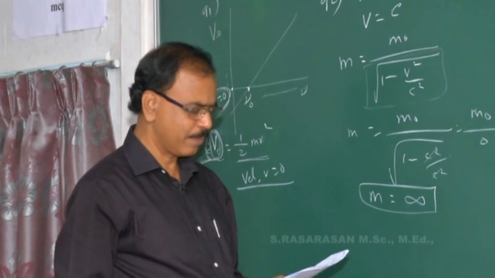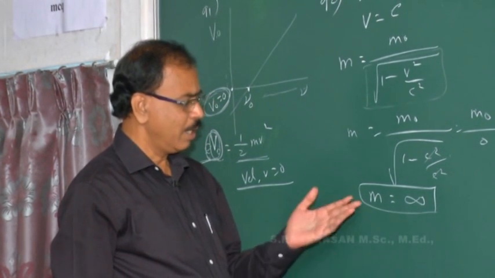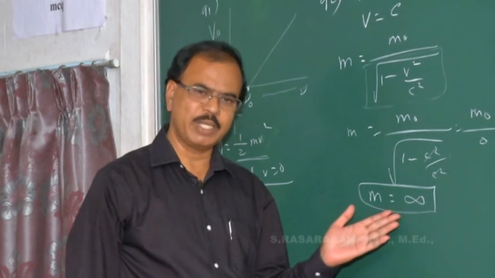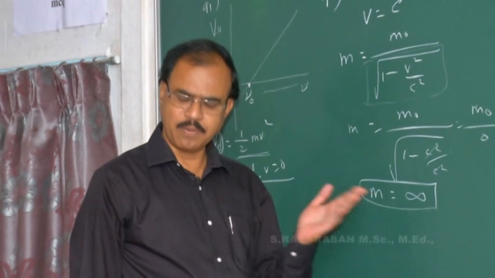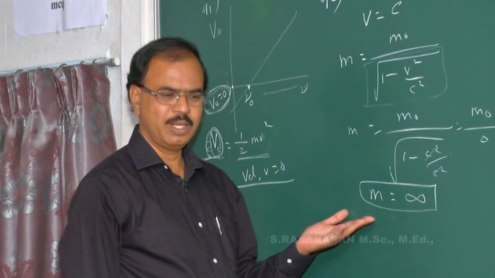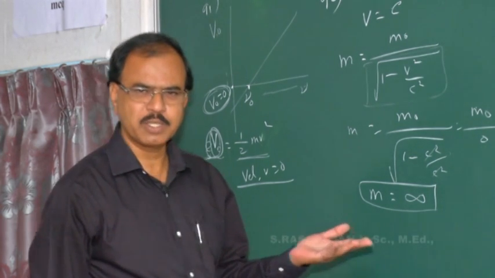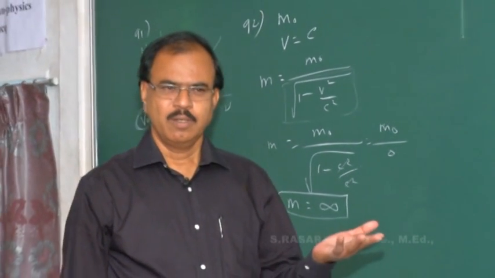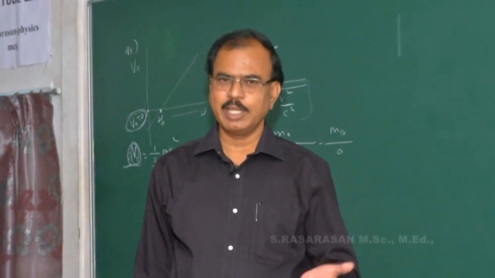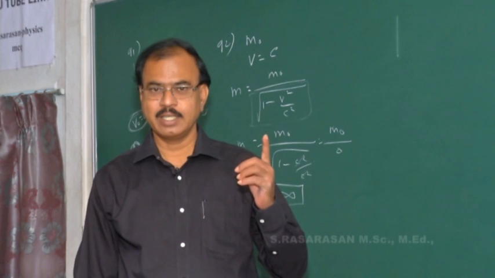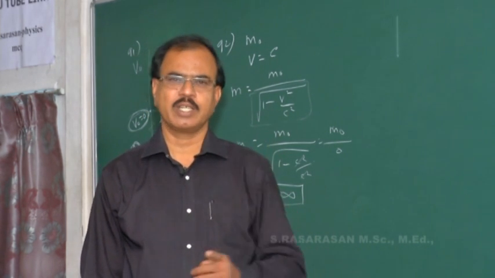Option D. For a material particle, if the mass becomes infinity, infinite mass is impossible. That means no particle can travel equal to the velocity of light. That is the theory proposed by Einstein.